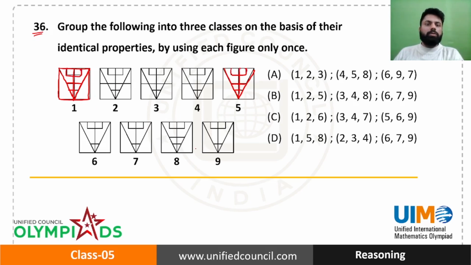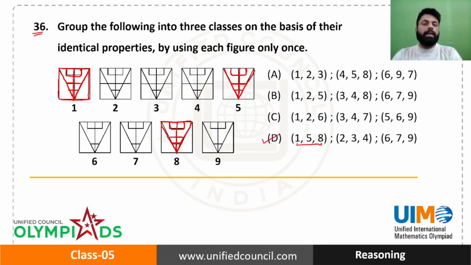This is also something which is given in option number 8. Like this, one vertical line and then 2 horizontal. So 1, 5 and 8 are in one group.